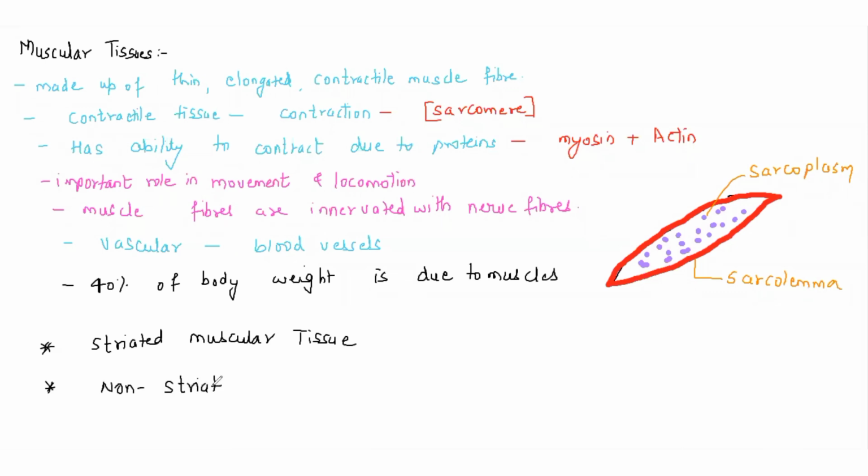And the third is cardiac muscular tissue. The point here is what is the difference between all three. We are going to study one by one so that all your doubts will be solved. So very first we are going to talk about striated muscle fiber.